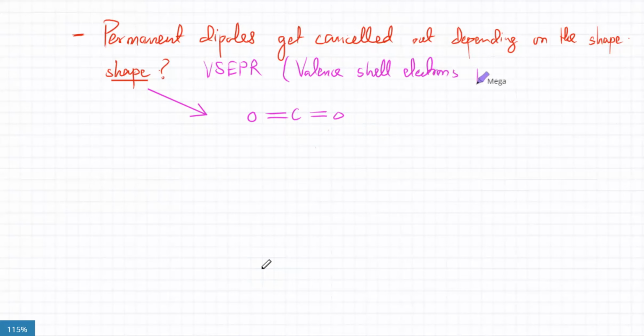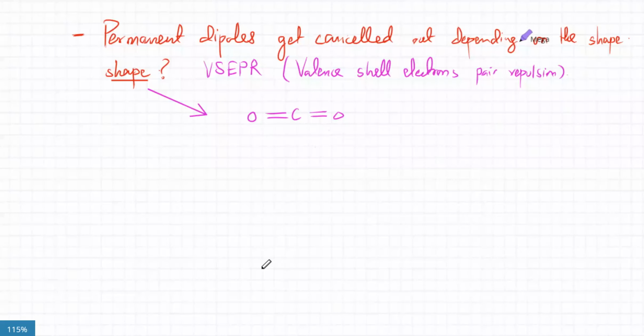It means that all the bonds and all the lone pairs try to be as far away from each other as possible. And whenever you see a molecule, you can figure out the shape of the molecule based on that.